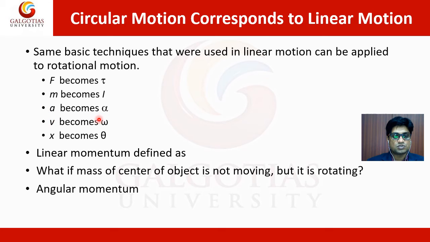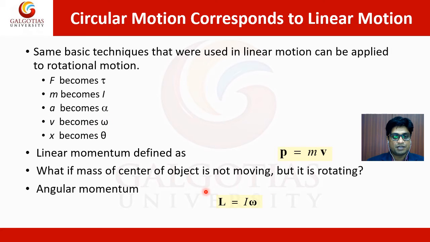We can also write down the equations of circular motion in terms of linear motion. We know that from the definition, linear momentum is defined by p is equal to mass into velocity. Similarly, we can write the angular momentum L. In linear motion there is mass, but in circular motion that will be I. In linear motion the velocity, but in angular momentum it is omega.